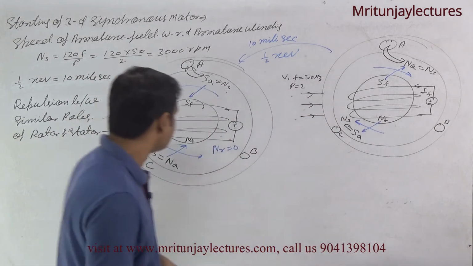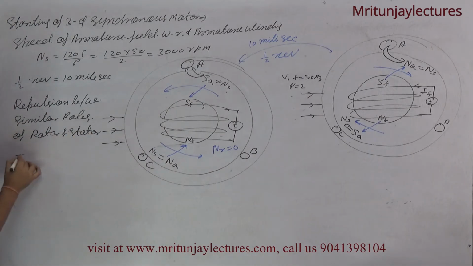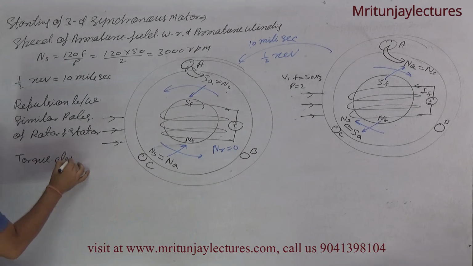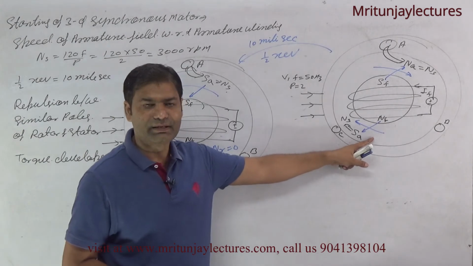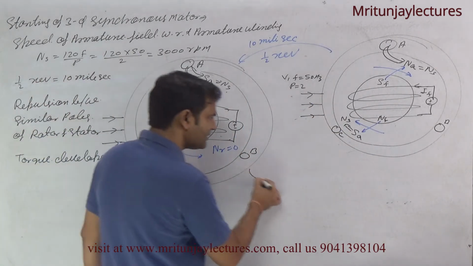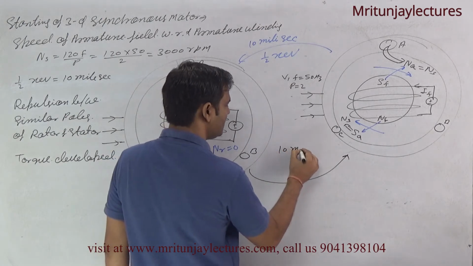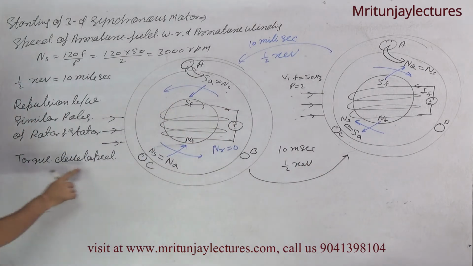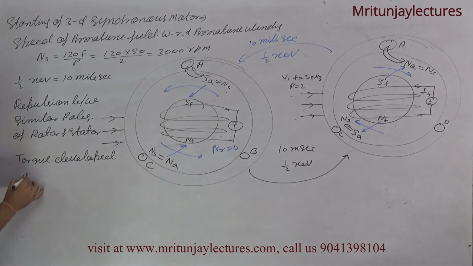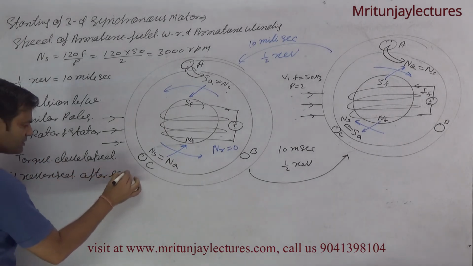So you can write that torque developed in each half cycle, after 10 milliseconds corresponding to this one, then after 10 milliseconds we get this position, and the torque developed is reversed after each half cycle.